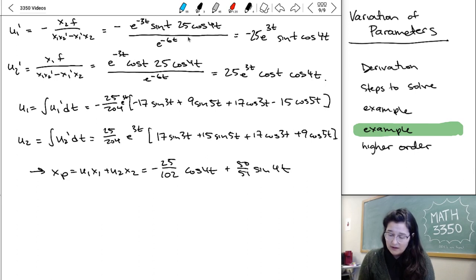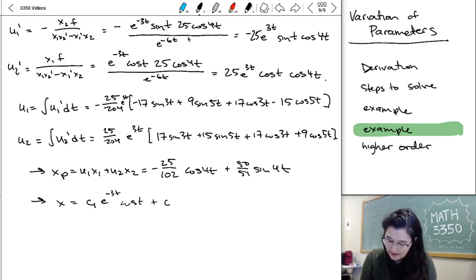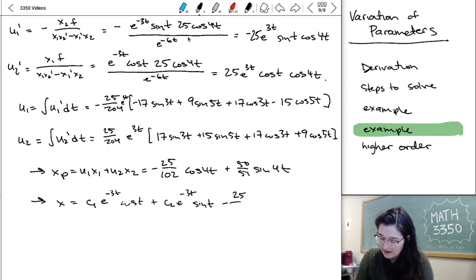And finally, we can write our general solution. X is c1 x1, that e to minus 3t cosine t, plus c2 x2, e to minus 3t sine t, plus our particular solution, minus 25 over 102 cosine 4t, plus 50 over 51 sine 4t.